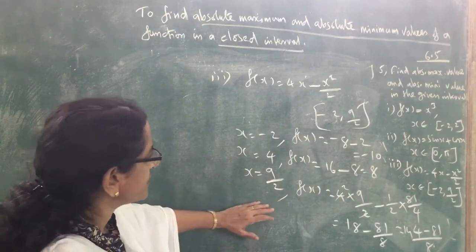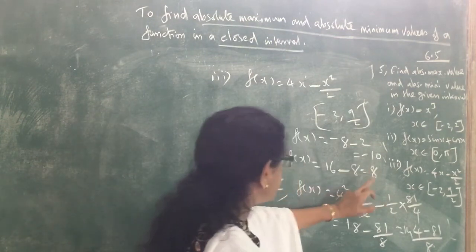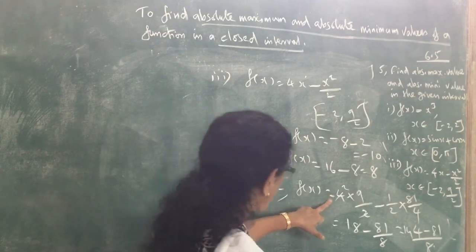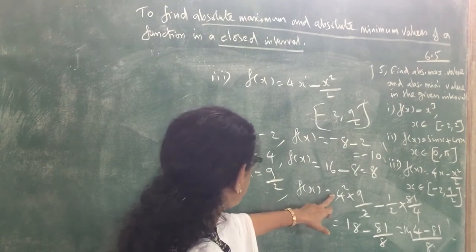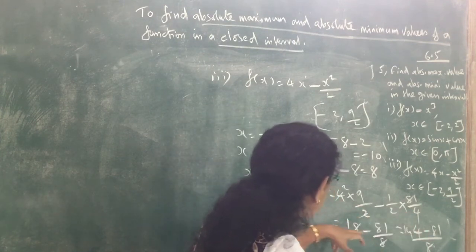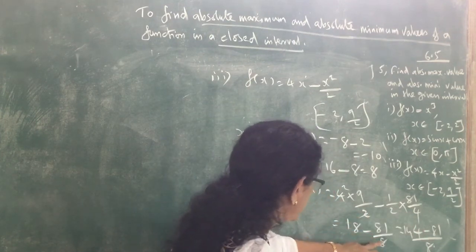Then find out which is which: here -10, here 8, and here the value at 9/2, 18 - 81/8.